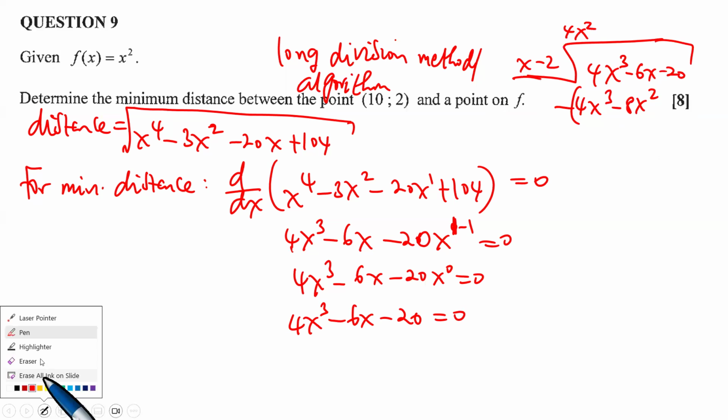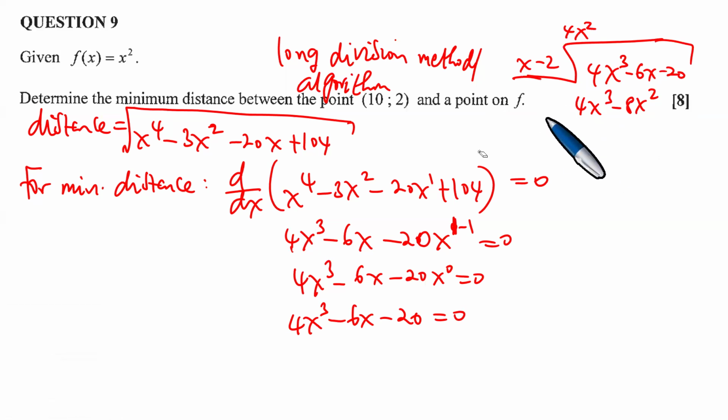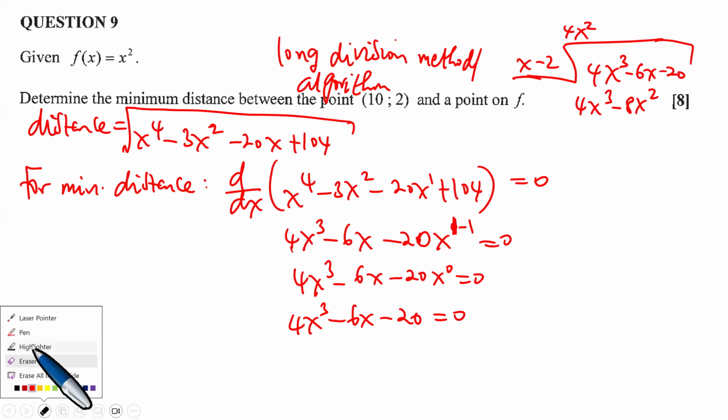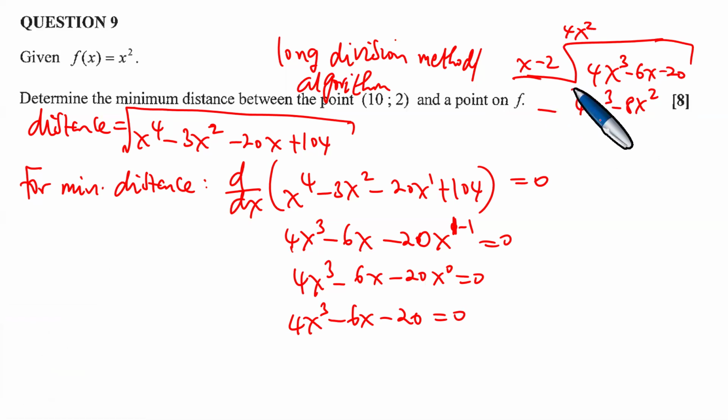So in the end, this and that is 0, and this is actually 8x squared minus 6x minus 20.